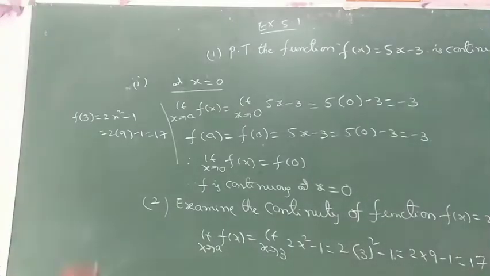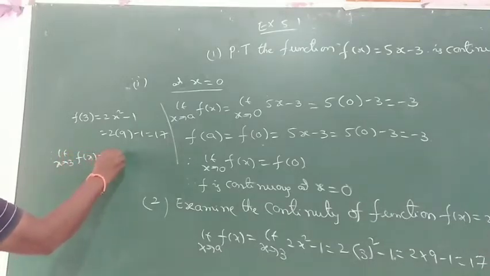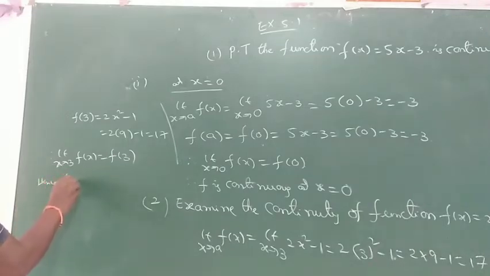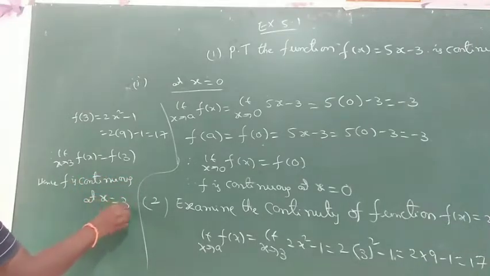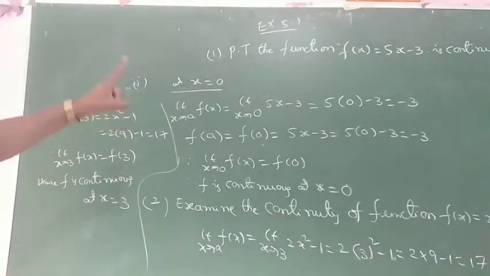Okay, so 1 and 2 are equal, therefore limit x tends to 3, f of x is equal to f of 3, hence f is continuous at x is equal to 3. This is the second problem. Prove that, show that, examine, check whether. This is the difference.